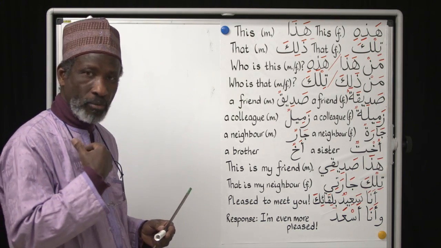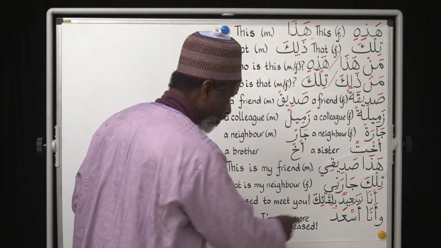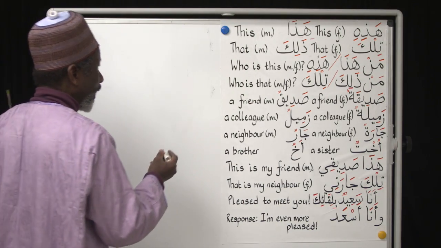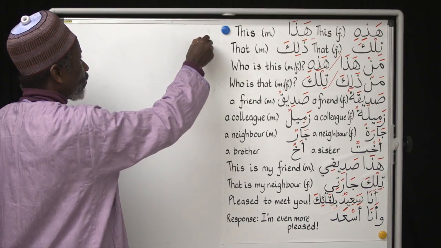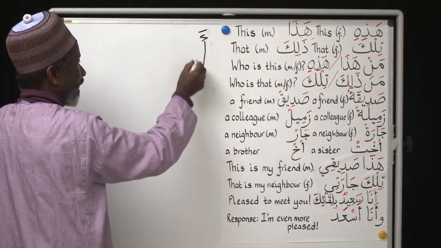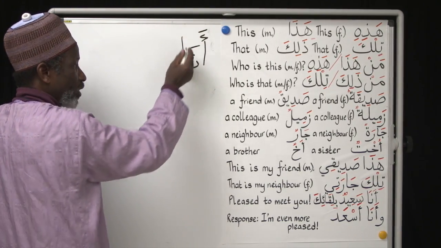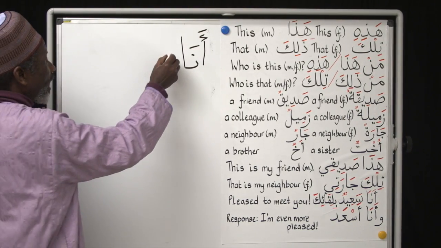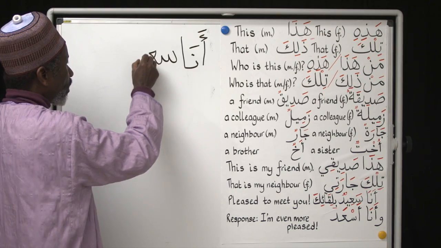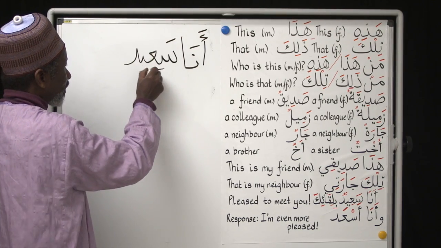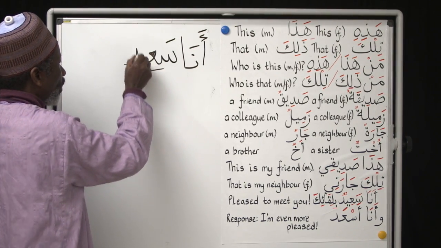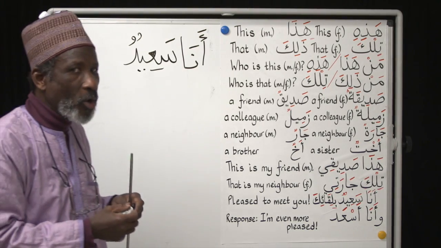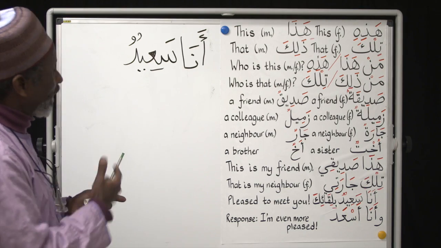Ana sa'idun biliqa'ika. Now, when I say this, do you think that's a male speaking? Ana, which can be for male or female, I am. But sa'idun is the speaker describing himself, I'm happy. How do we know it's a male speaking here?